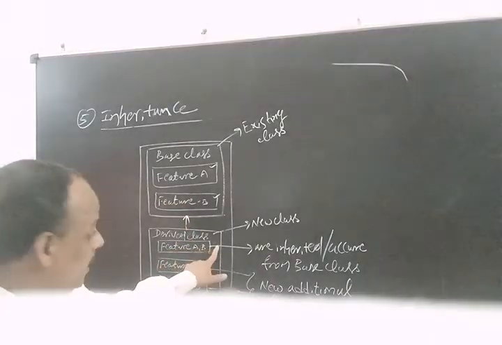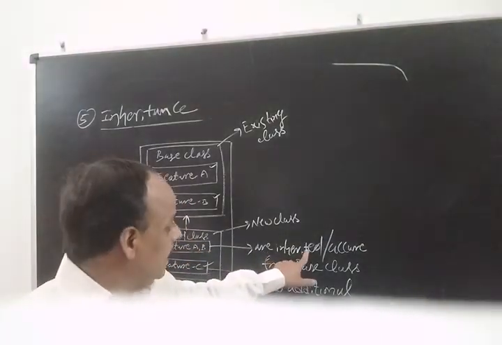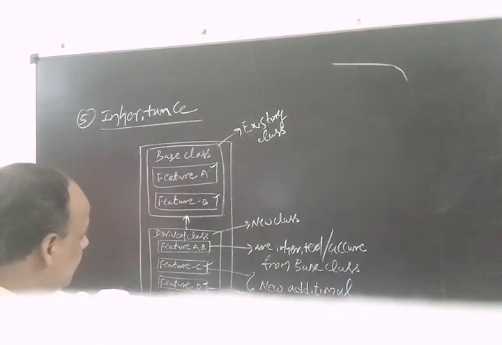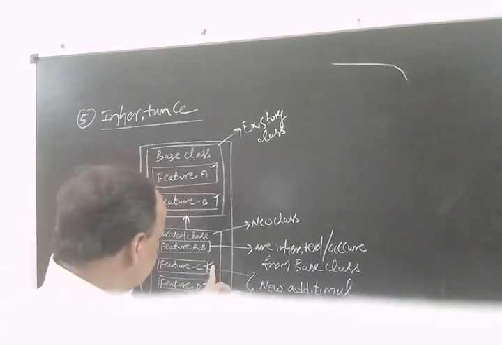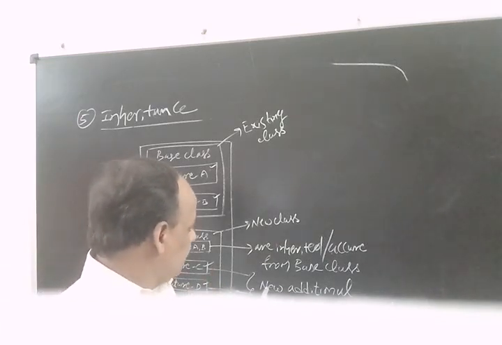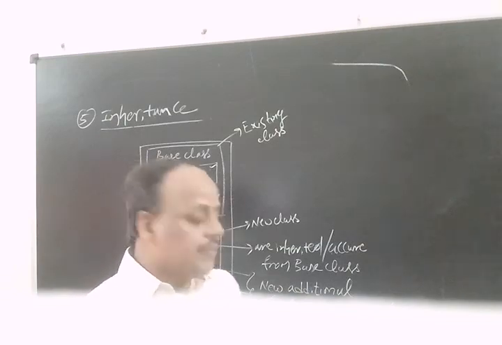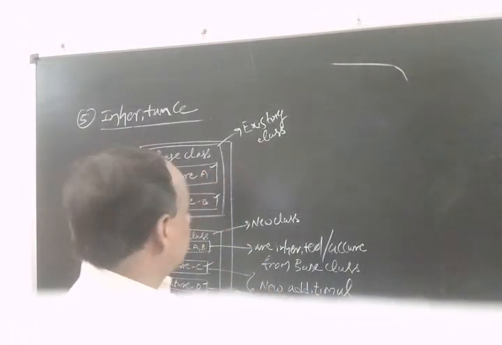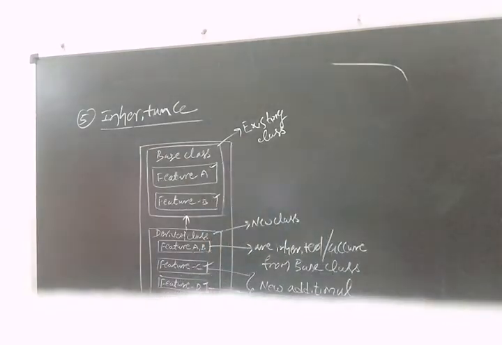That's why I wrote here that A and B are inherited, acquired from the base class. C and D are new additional features of the derived class. So this is nothing but information about inheritance.